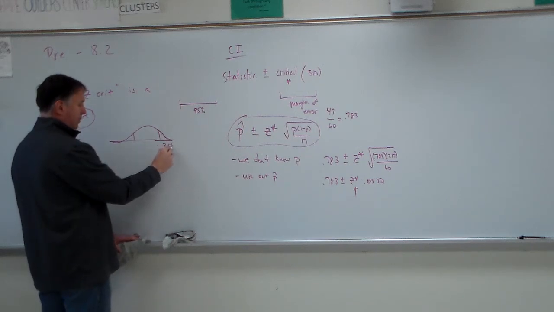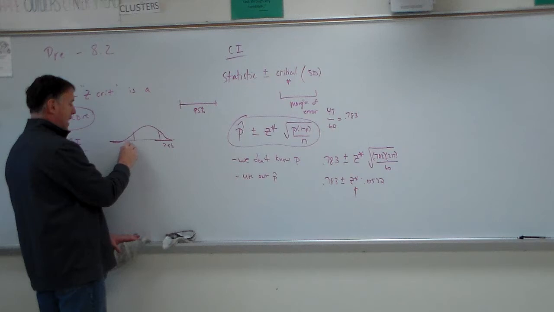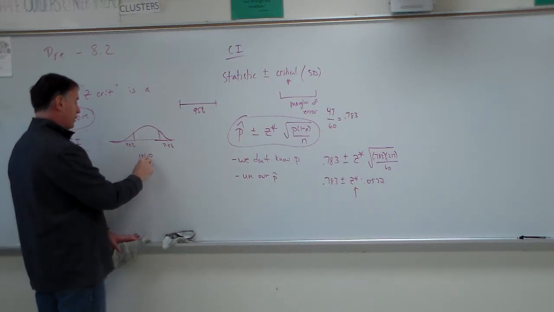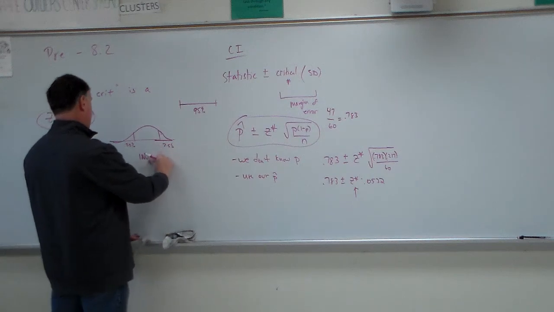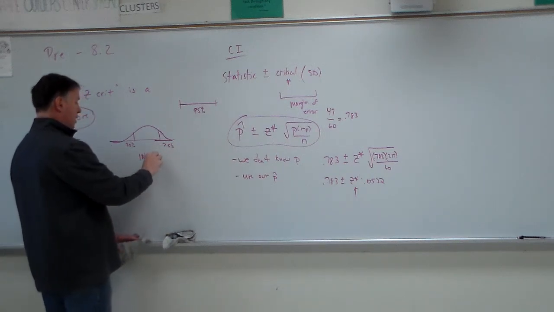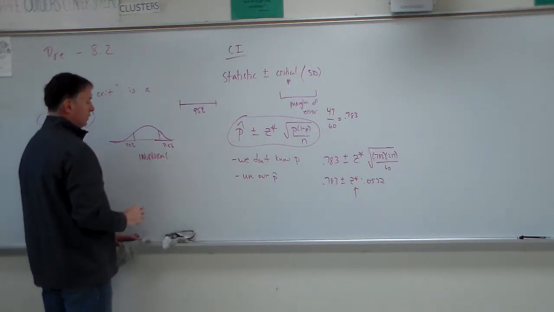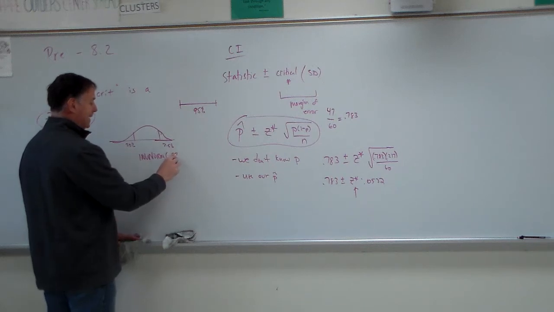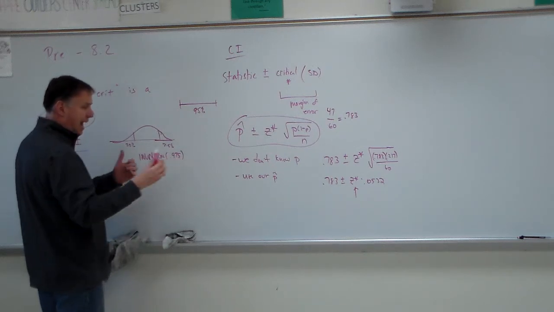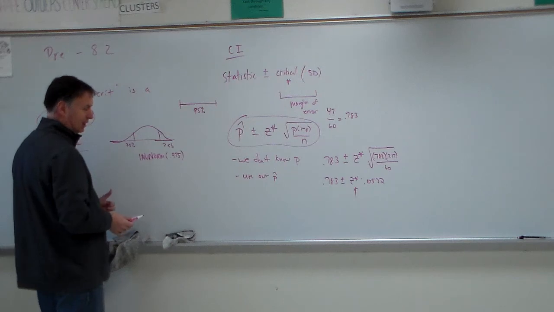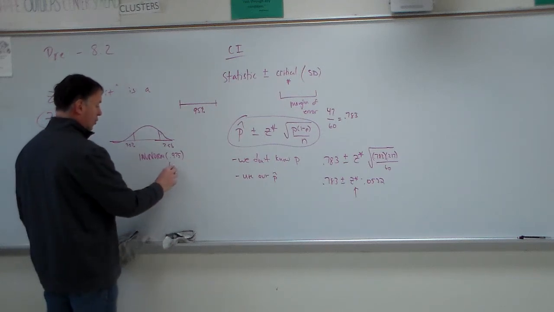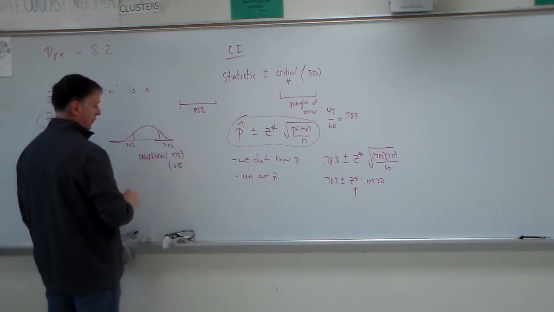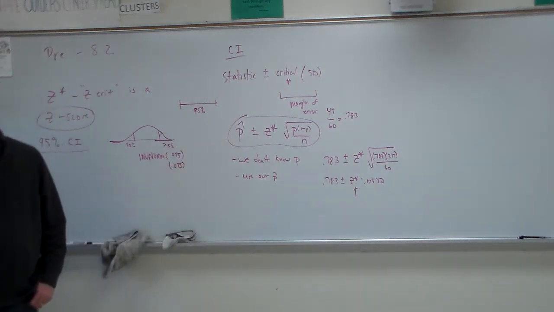There's 2.5% over here and 2.5% over here. So when I do my inverse norm, it's going to be 0.975 because I've got 2.5 at each tail, or inverse norm 0.025. Either one of those will work.